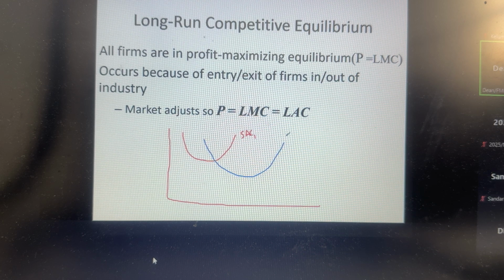Of course, you can make a better graph than this. And the large size plant, you can show by this one.